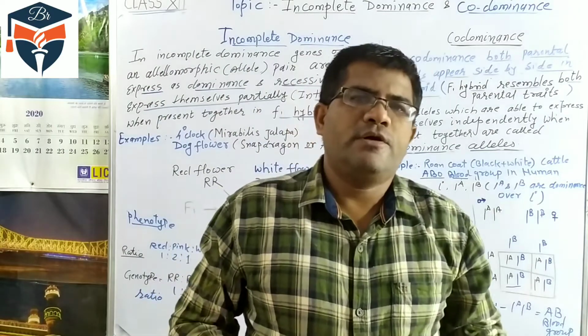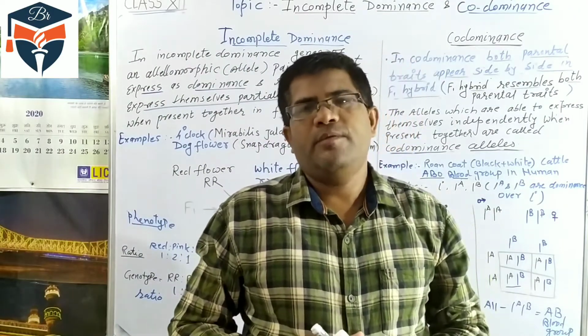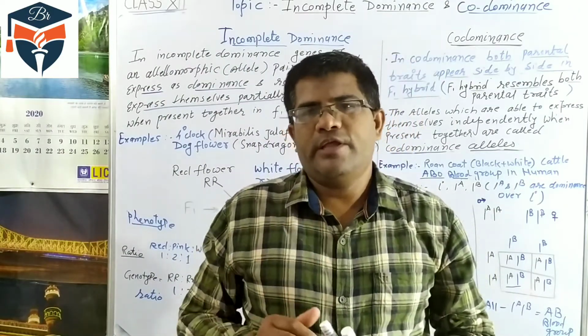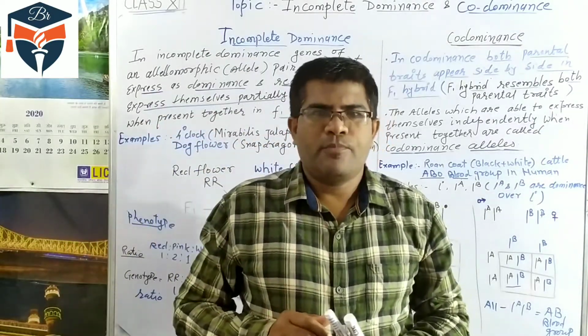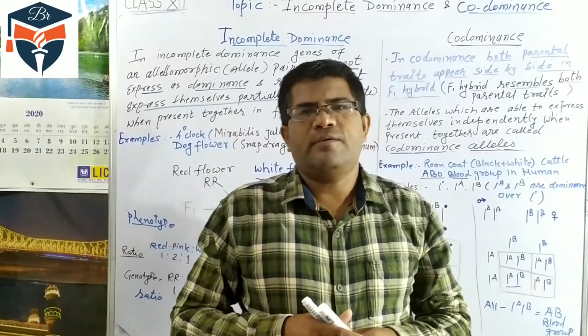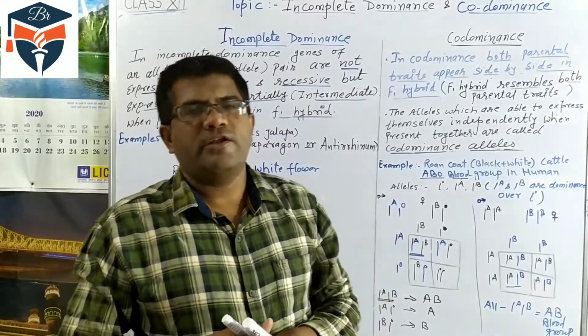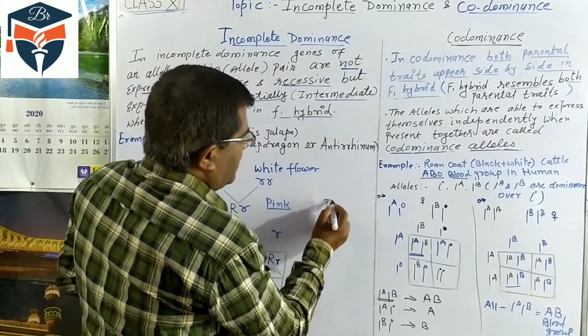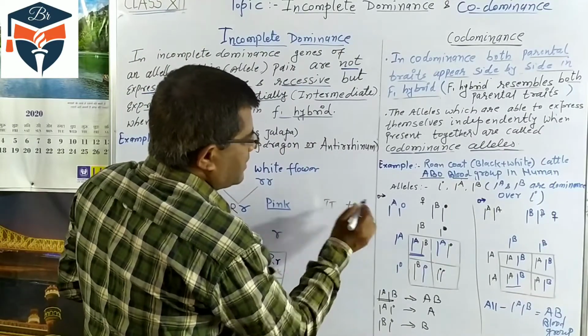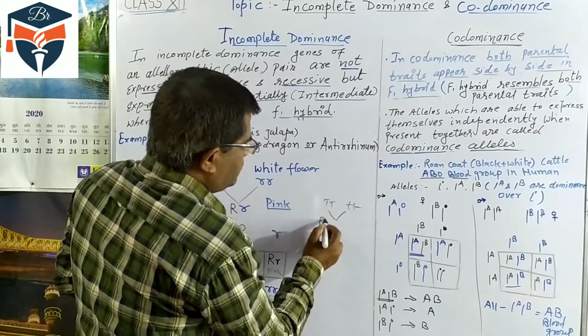In class 12 chapter Principles of Inheritance and Variation, today we are discussing incomplete dominance and co-dominance. Students, we have learned about Mendel's monohybrid cross. Mendel said that when contrasting characteristics are crossed, one parental characteristic appears in the F1 progeny, that is the dominant characteristic. For example, when a tall plant and a dwarf plant are crossed, tall plants appear in the F1 progeny.